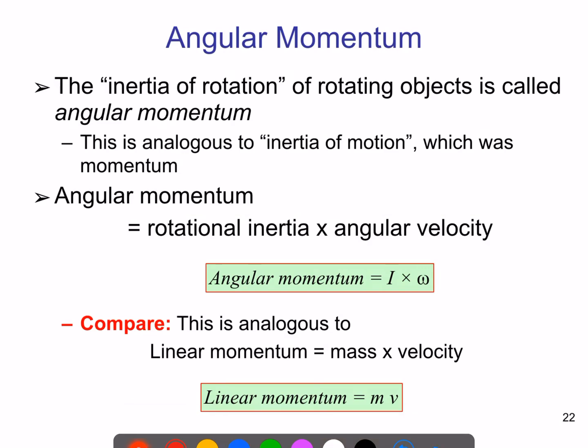So if we wanted to produce an angular analog to this, the naive thing you might do is take the rotational analog to mass and the rotational analog to velocity and multiply those two things together. If you would suspect that that's what you would get for angular momentum, you would be right. So we are just going to take rotational inertia, since that's analogous to mass, times rotational velocity or angular velocity to find the angular momentum.